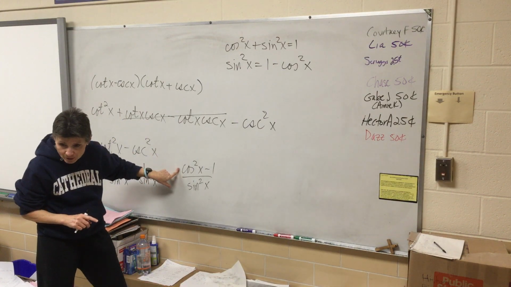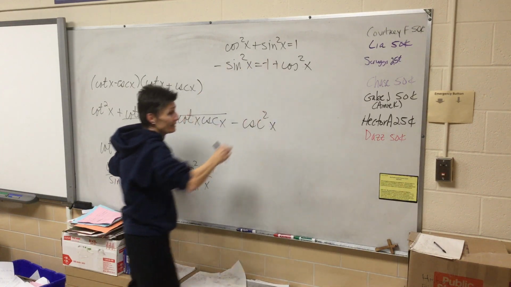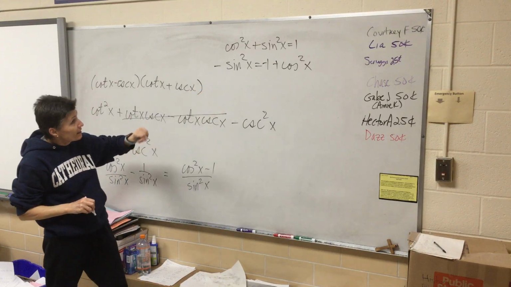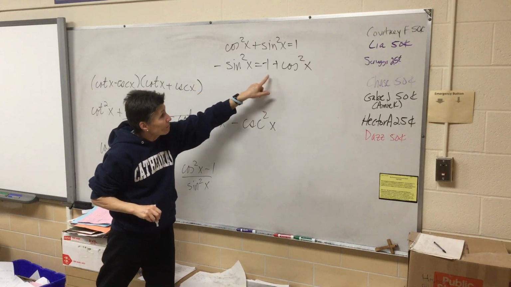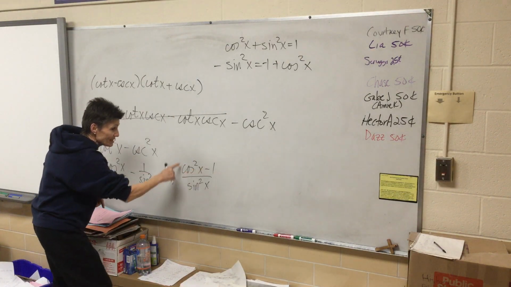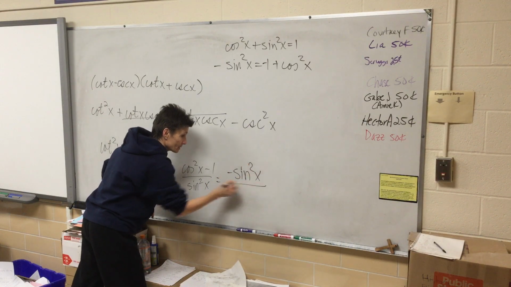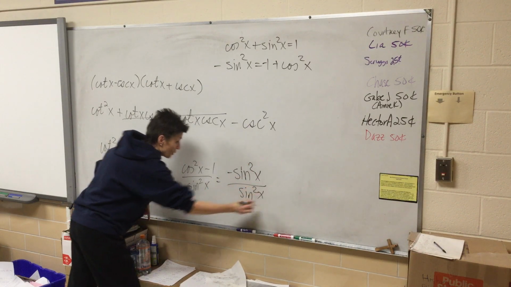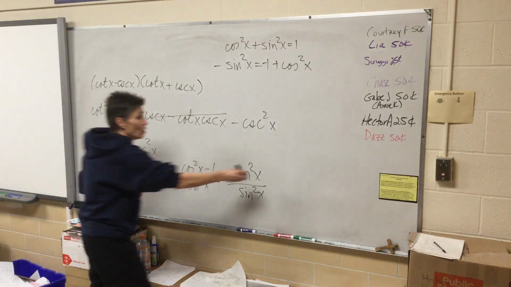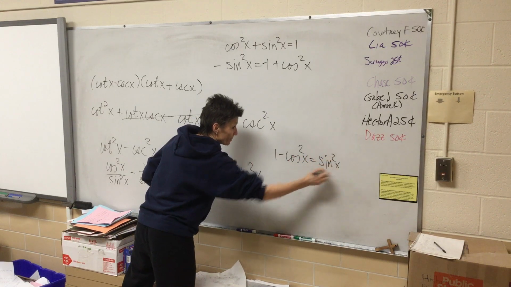This is backwards. If we multiply through by a negative, that thing you have written on your sheet, then cosine squared minus 1 is negative sine squared. So when this is backwards, it's the negative. 1 minus cosine squared is regular sine squared.